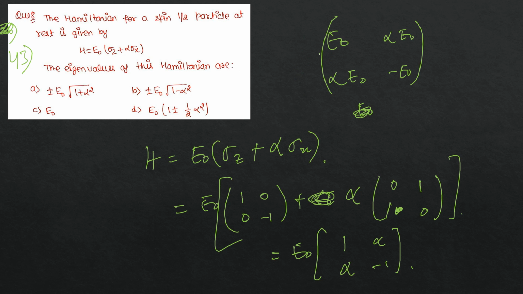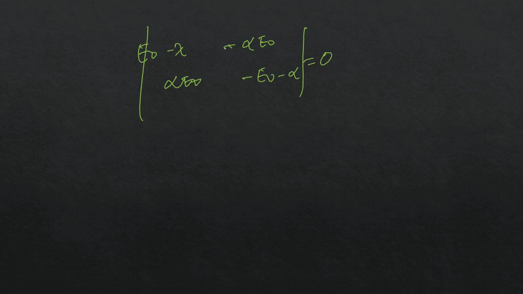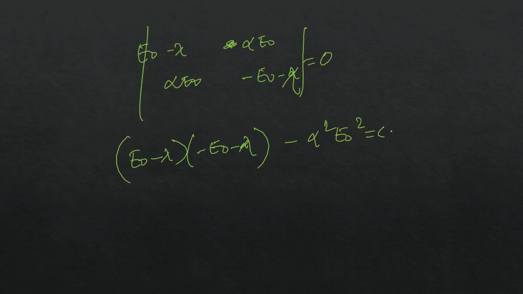Yeah. Okay. There's the minus. So E naught minus lambda. Sorry. I can write like this.